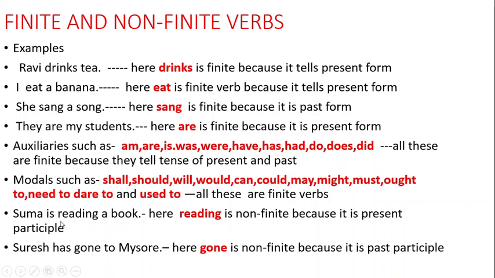So here has only presents present perfect tense, but gone is non-finite because it is a past participle. All past participle verbs are non-finite.